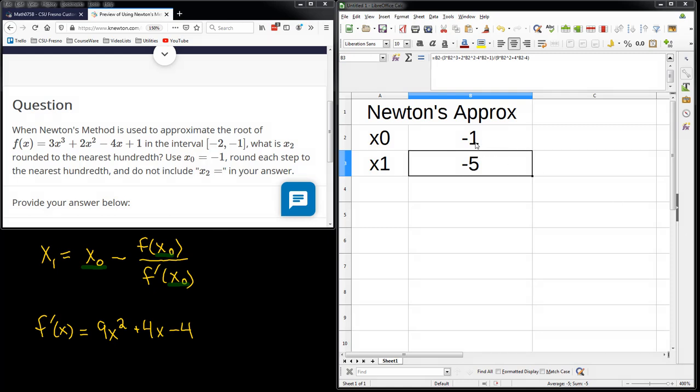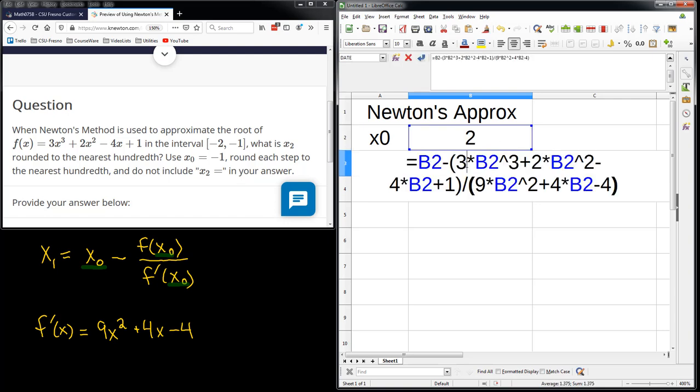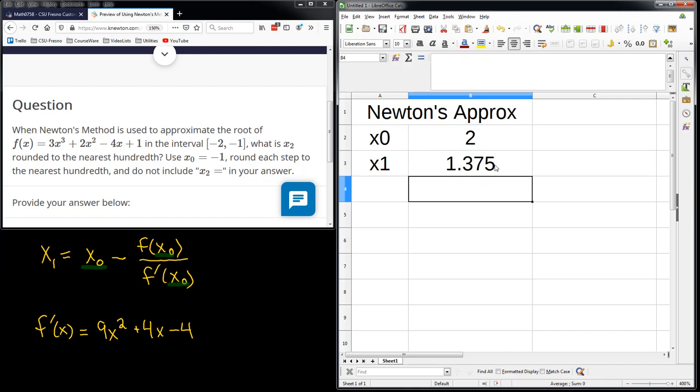And what's fun now is I could change this if I wanted to. If I change this to a 2, then this formula will automatically update. The behind-the-scenes formula is exactly what I typed in, but when I press enter, it evaluates it and gets whatever it gets.